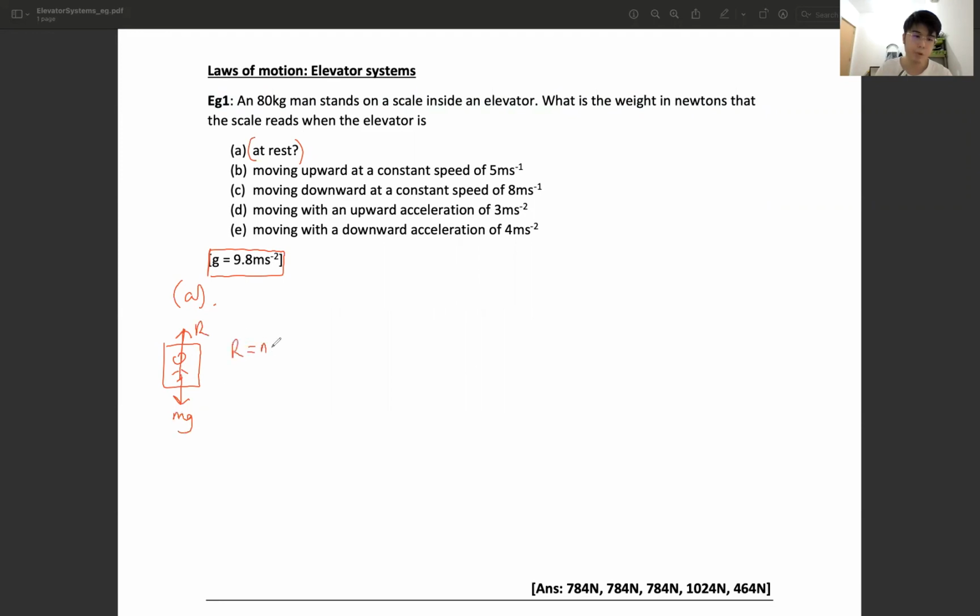R equals mg. You see the question asked, what is the weight in newtons that the scale reads? The scale reads which one? Reaction. So reaction equals mg, so 80 times 9.81, 784.8 newtons.